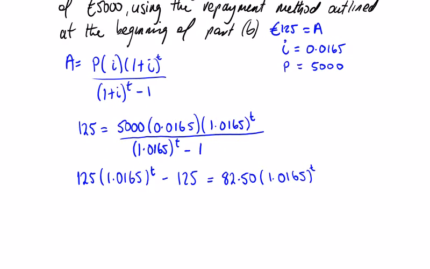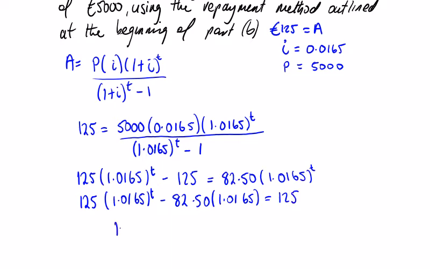So I need to isolate the t's, so I can bring the 8250 one to the left and then factorize. So 1.0165 to the power of t by 125 minus 8250 by the same thing. So we can factorize the t out and the 125 off to the right. So we're going to get 1.0165 to the power of t times 125 minus 8250 equals 125.